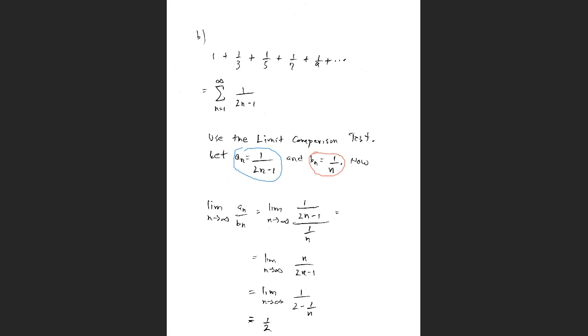Well, what helps me is I say, as n gets large, this little minus 1 here isn't going to affect the terms of my series. So I could have just as easily chosen 1 over 2n for b sub n, but I just chose 1 over n because of the harmonic series.